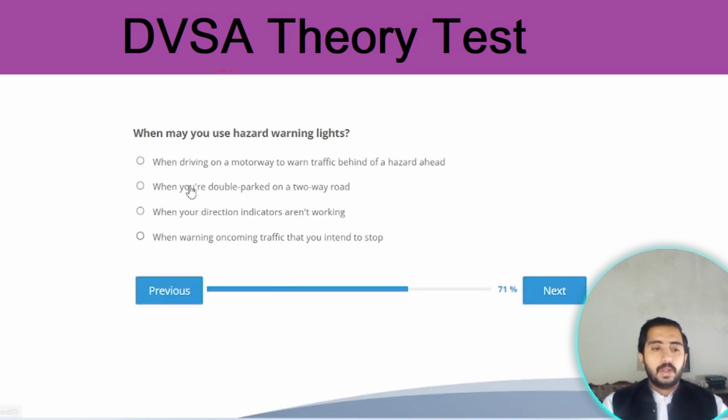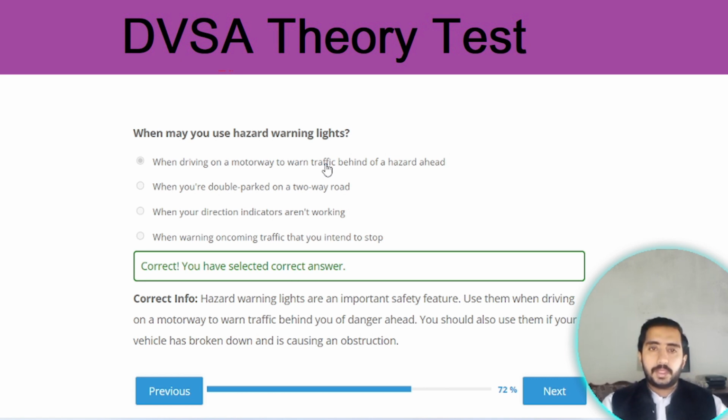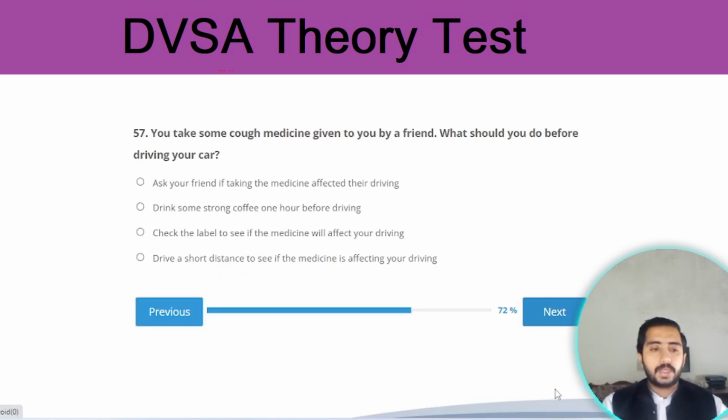Next question. When may you use hazard warning lights? Hazard warning lights will be used when driving on a motorway to warn traffic behind of a hazard ahead. Option A is the correct option. Next one, question number 57. You take some cough medicine given to you by a friend. What should you do before driving your car?